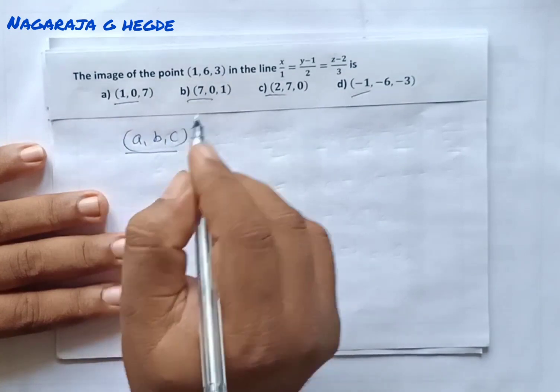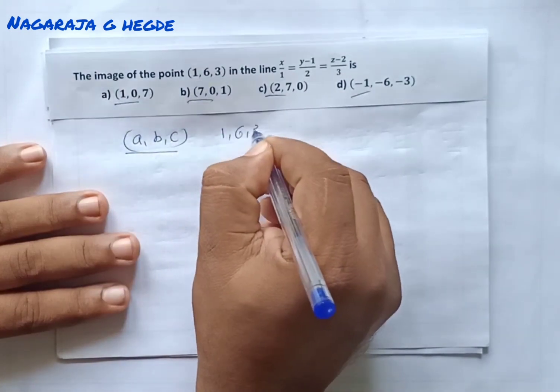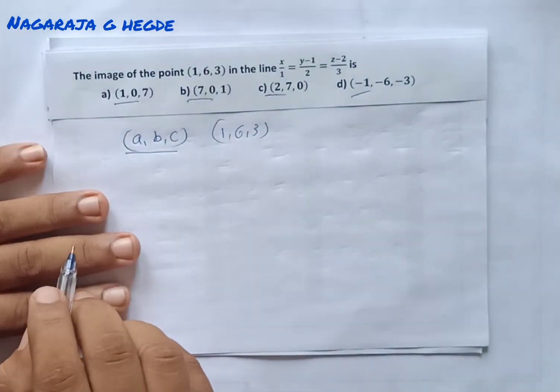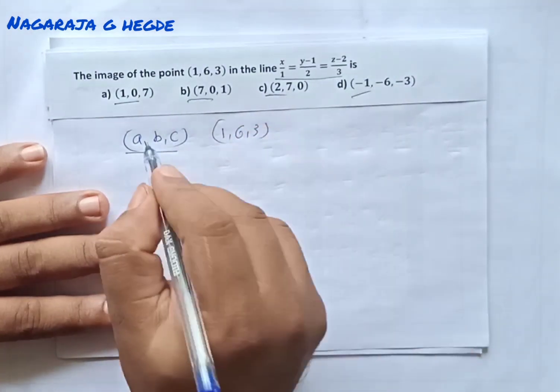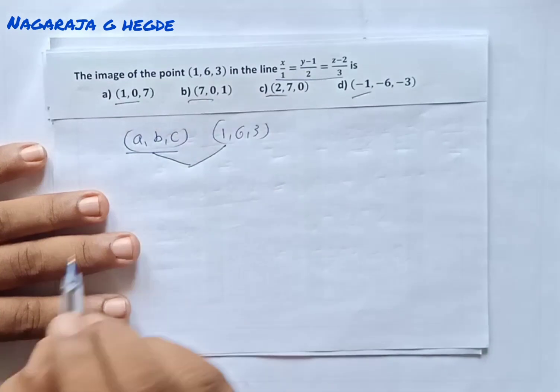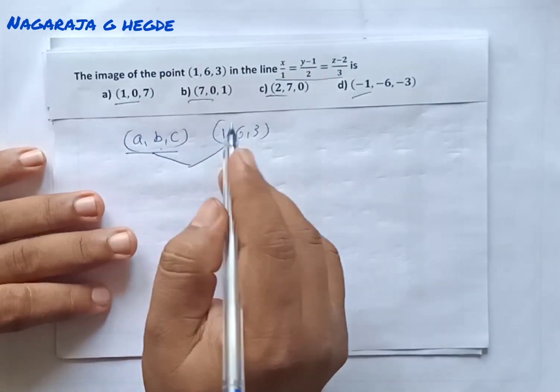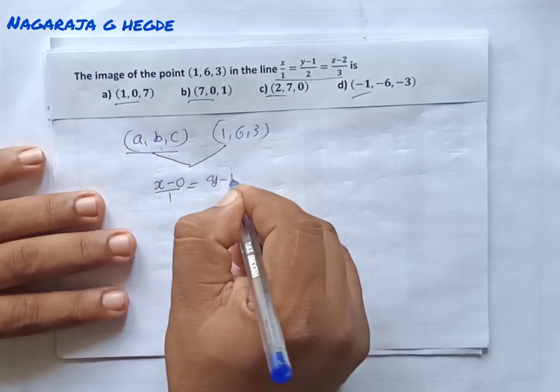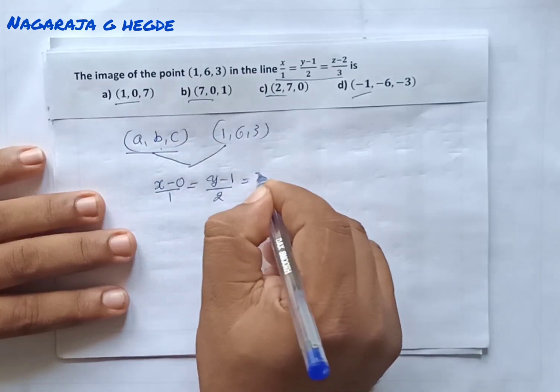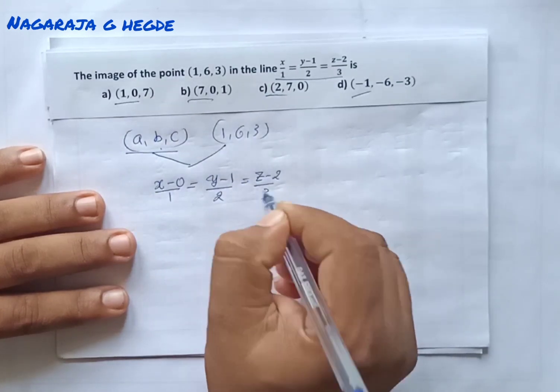If it is the image of the point (1, 6, 3) with respect to the line, then the midpoint of these two lies on the line x minus 0 divided by 1 equal to (y minus 1) divided by 2 equal to (z minus 2) divided by 3.